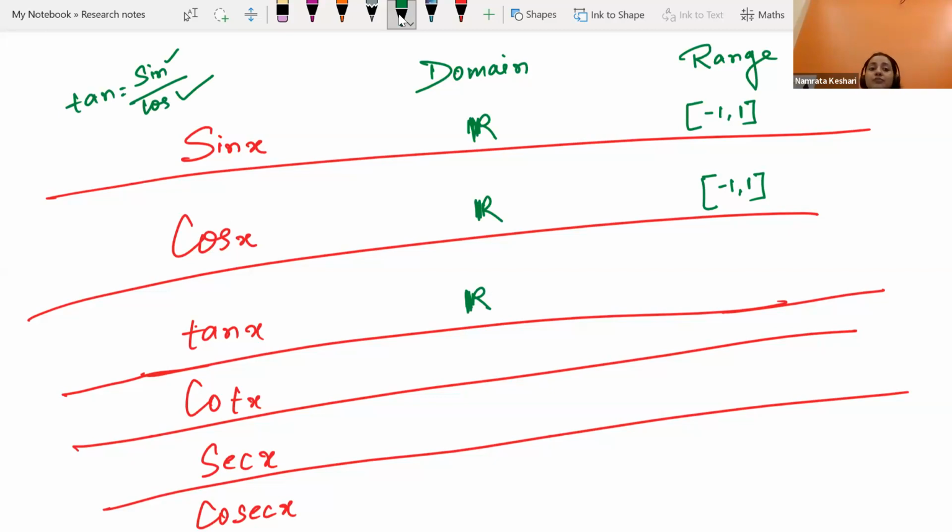We could have said so, but we know that in mathematics, 0 in the denominator is not acceptable, right? If I say 2 by 0, it is not defined. X by 0, it is not defined. 0 in the denominator is not defined.